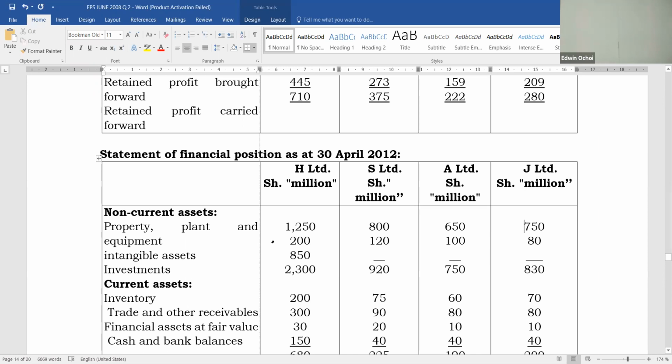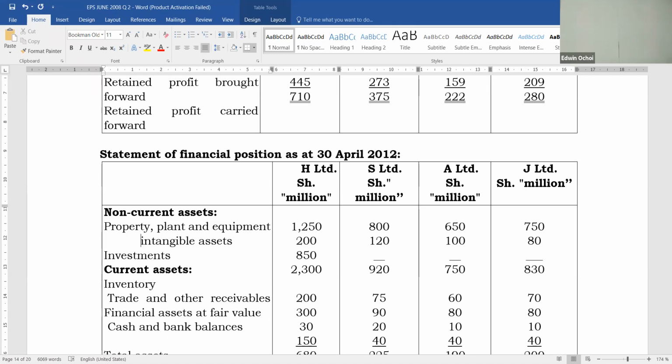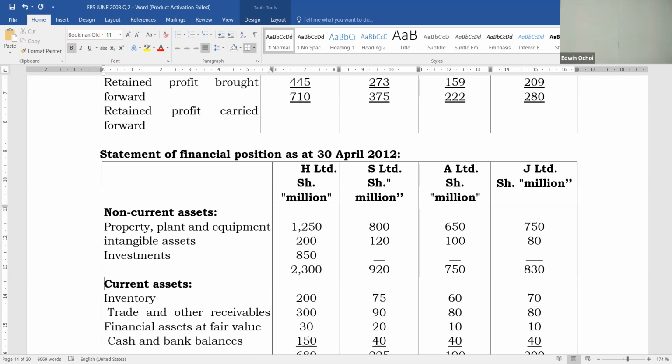Then we have intangible assets and investment. The investment is where? Under the parent only, which is 850. You can see the investment is 850.